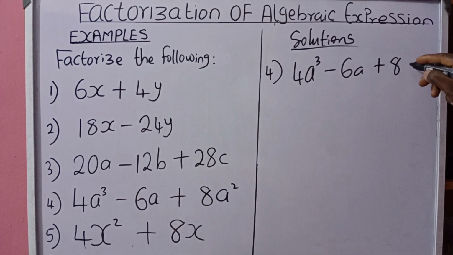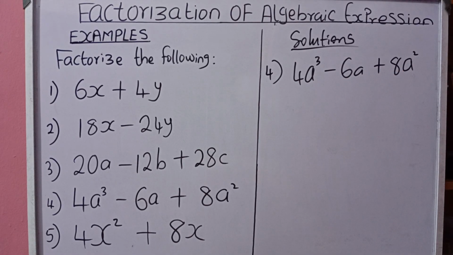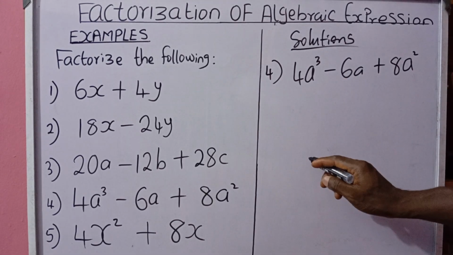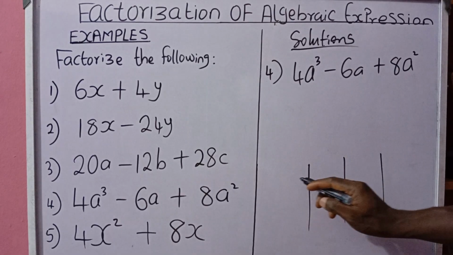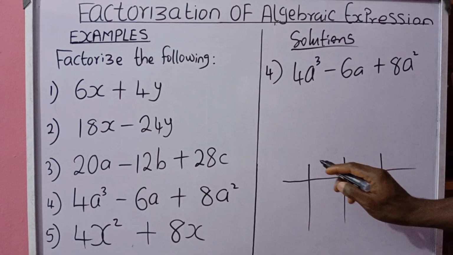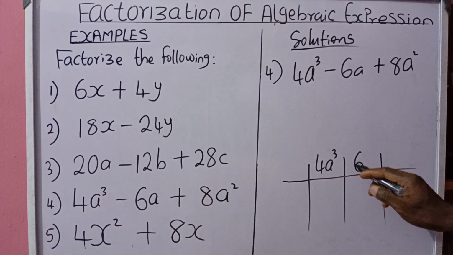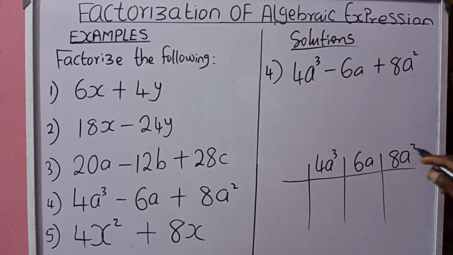plus 8a squared, that's raised to power 2. So how do we factorize this? Just the usual method. We have to get the HCF of each of the terms there. So we write 4a raised to power 3, 6a, and 8a raised to power 2.